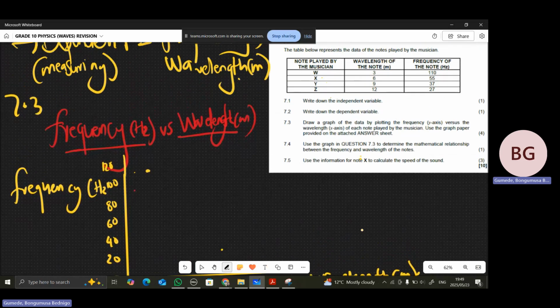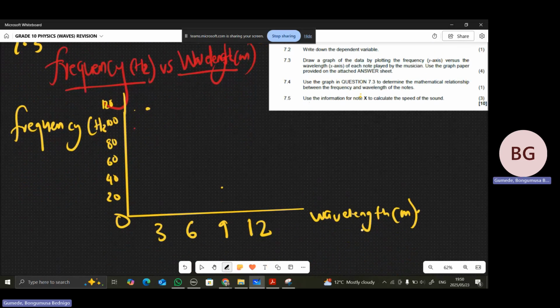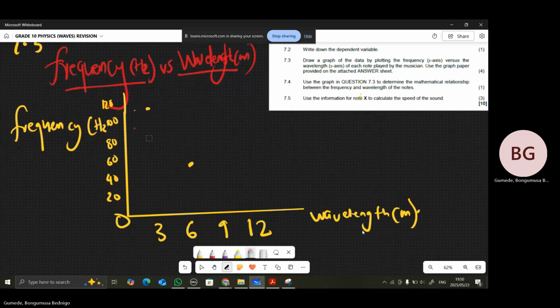6 goes with 55. 6 goes with 55, somewhere there. I remove these.